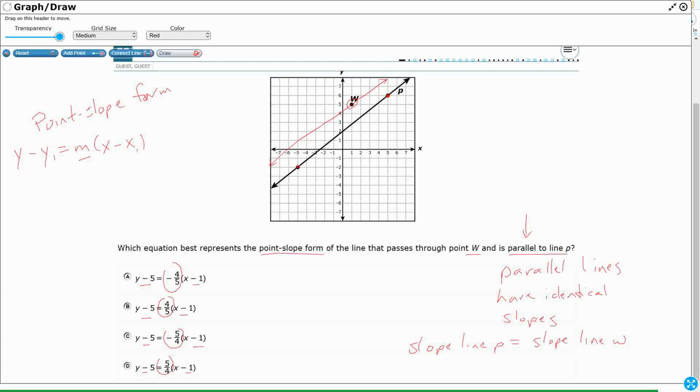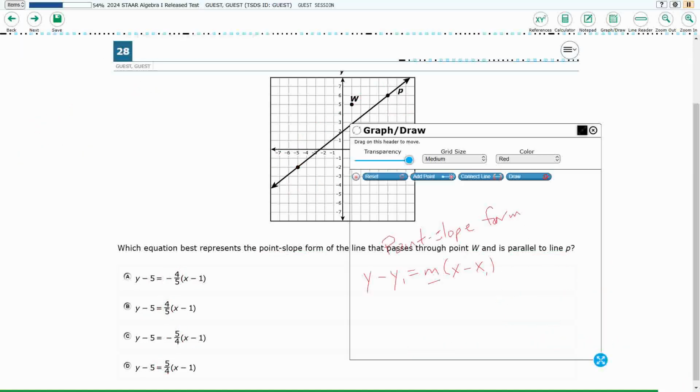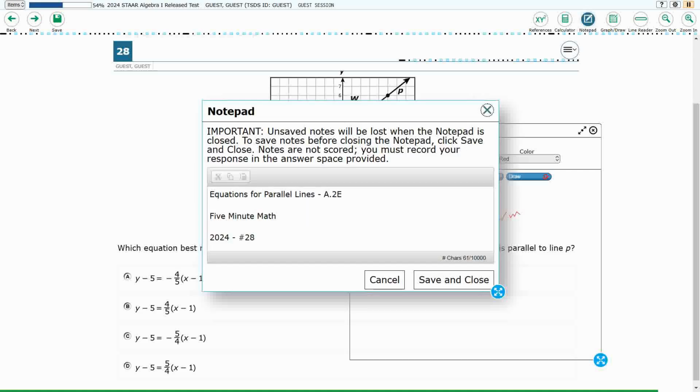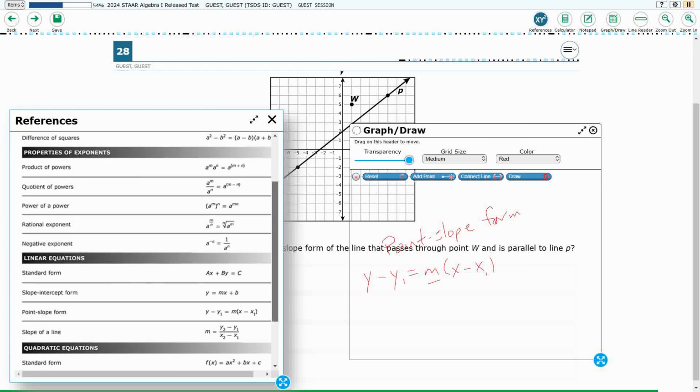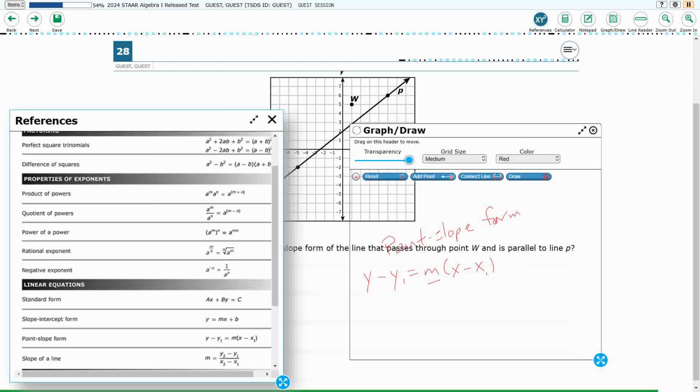So let's figure out what line P is. This point is (5, 6), right? And this is (-5, -2). And we can actually use a different formula here if we wanted to. Let's use our reference materials here. The slope of a line is at the very bottom there, right? m equals change in y over change in x.